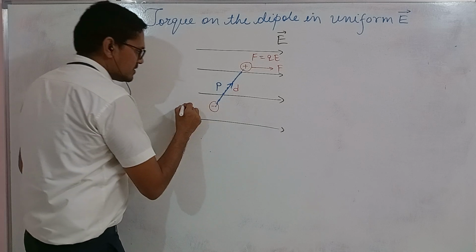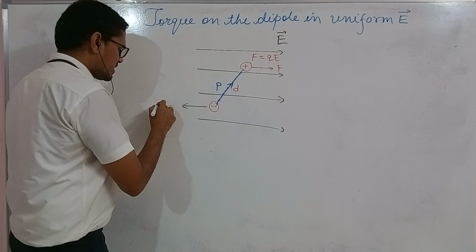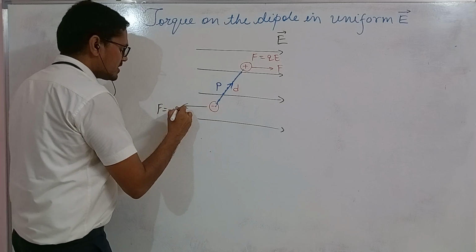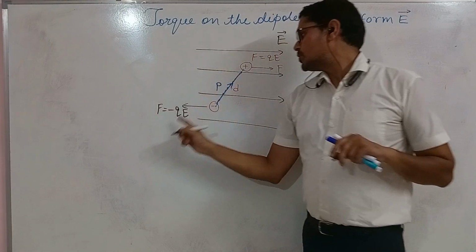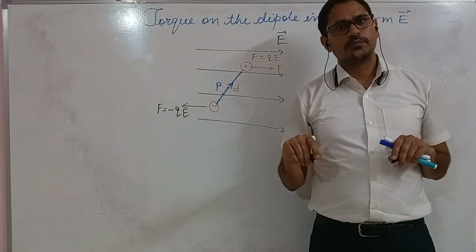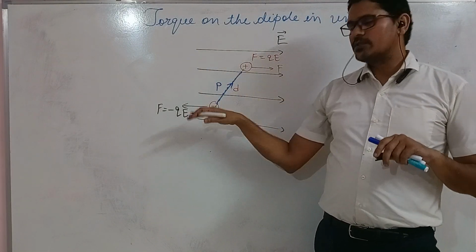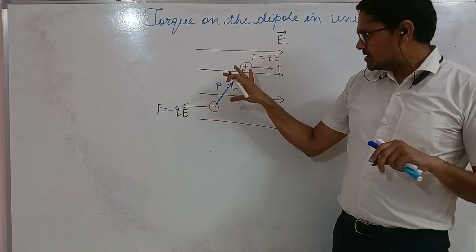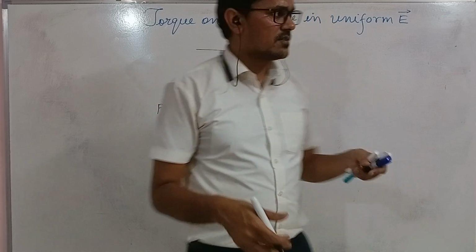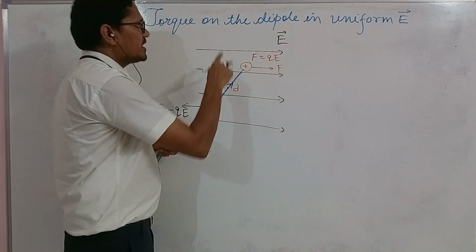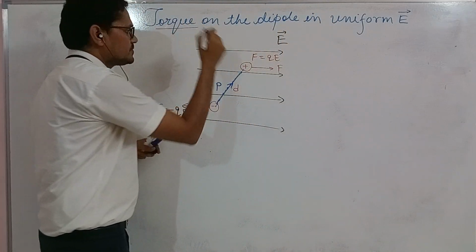The force acting on the negative charge is given by F equals minus QE. Now here we have two equal and opposite forces, but their line of action is not the same. So in that case they will get a turning effect, some rotational effect. It means the dipole will experience some torque.